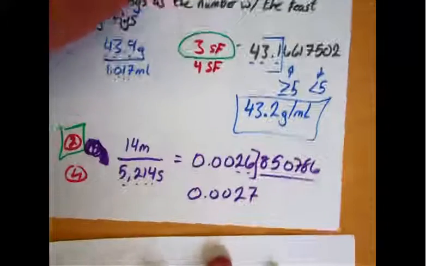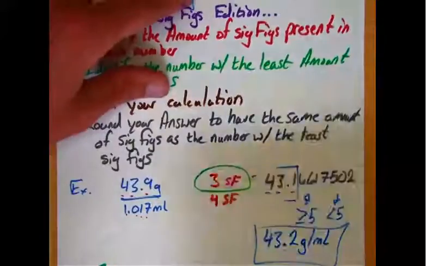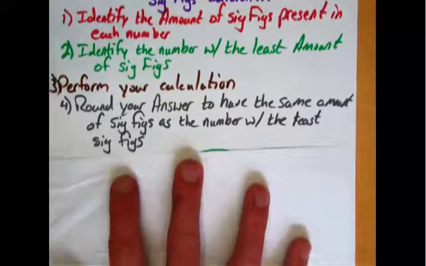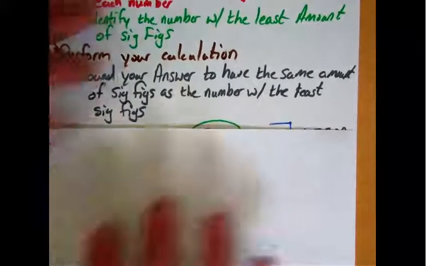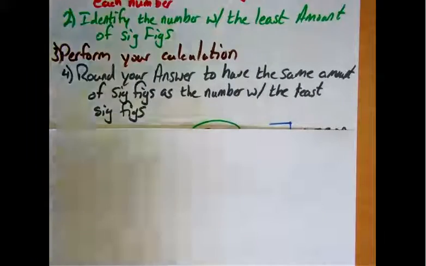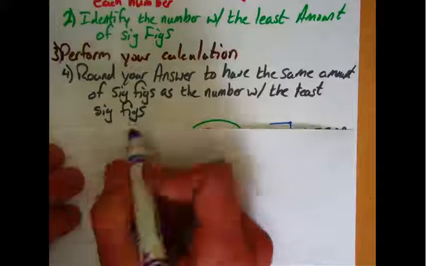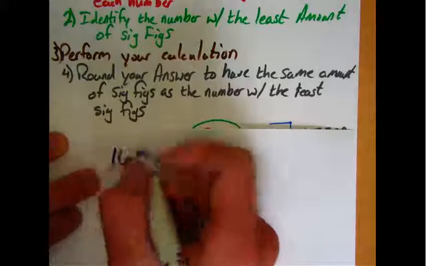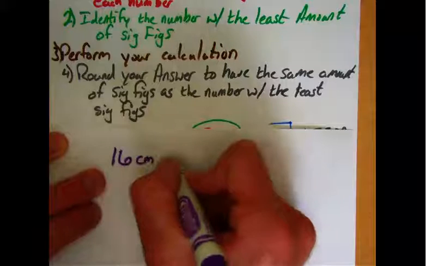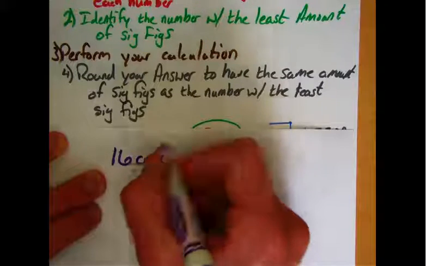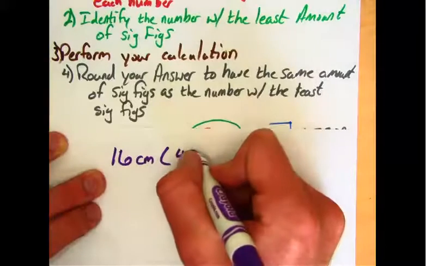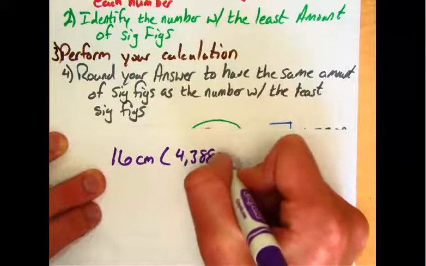So for my last problem, let me cover this up so that we can still see our rules. Perfect. Now, the last problem is going to be the numbers 16 centimeters times 4,388 centimeters.